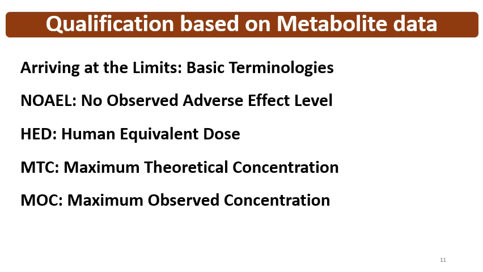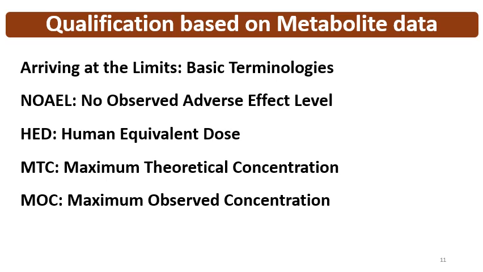Then HED is the human equivalent dose. Human equivalent dose is calculated based on factors based on the body surface area of the animal and the human, and also the animal body weight and the human body weight. Then MTC is the maximum theoretical concentration of the metabolite or impurity in the plasma, and MOC is the maximum observed concentration.